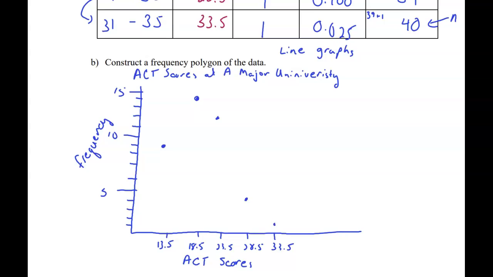And then we're going to connect our dots. And this is our frequency polygon. Okay? So you're using midpoints down here. If it says a relative frequency polygon, then you would just use relative frequency here.